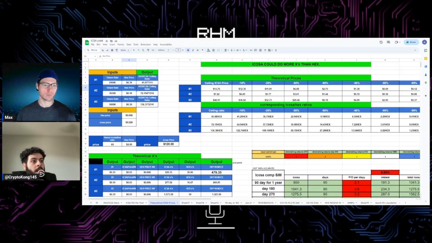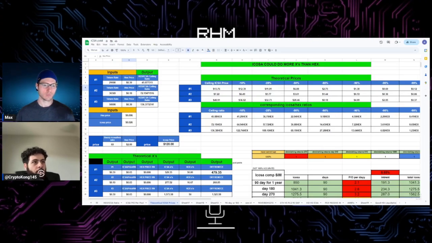Whether they do or not is up to life and chance, but these things are well within the realm of possibility. So 30-cent HEX, I think Richard also said HEX could do a million X, which would put HEX somewhere at like $50 from the bottom or something like that. So 30 cents, kind of a huge price target, still conservative.